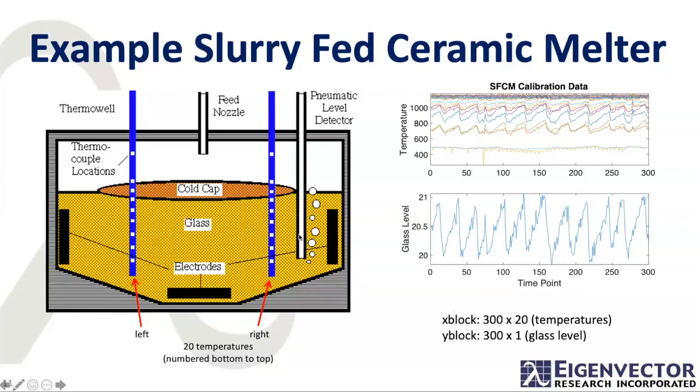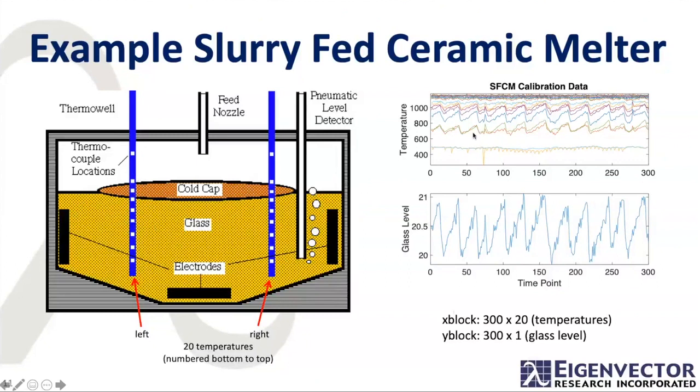The level of this system goes up and down as glass is poured in and off of it. So what we want to do is build a backup to the pneumatic level detector and see if we can build a model that relates the temperatures in here to the level. We expect that there should be a relationship, because as the molten glass level in here changes, that changes the temperature profile on these thermocouple locations.